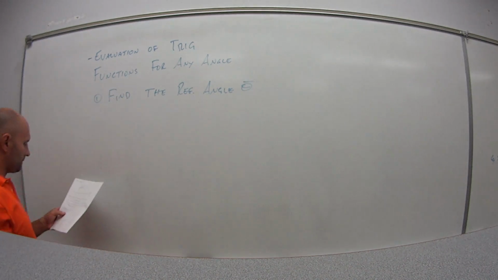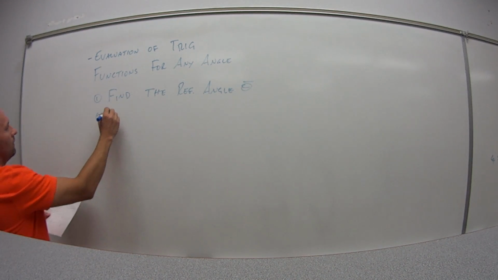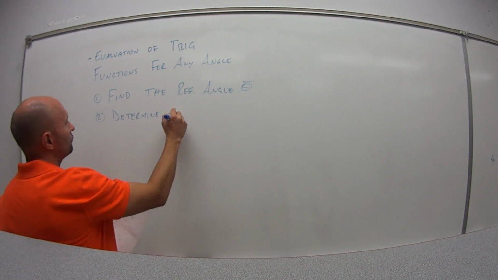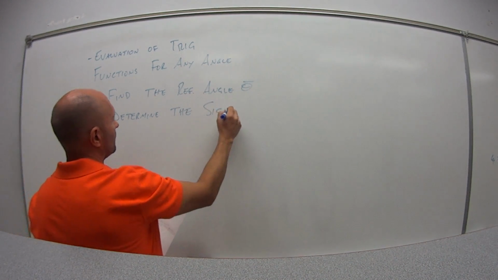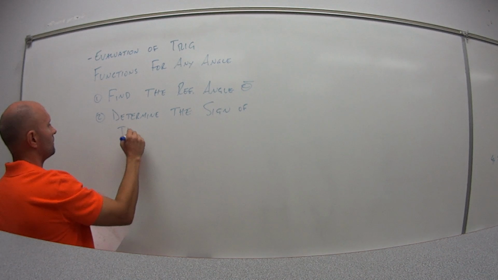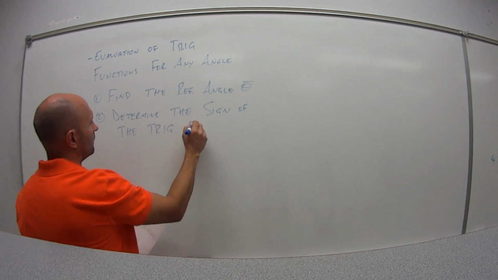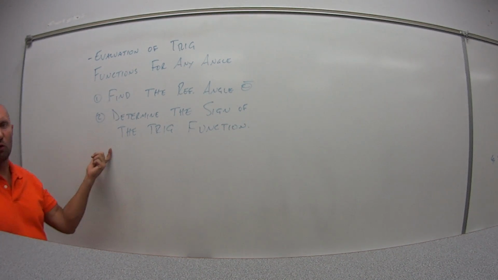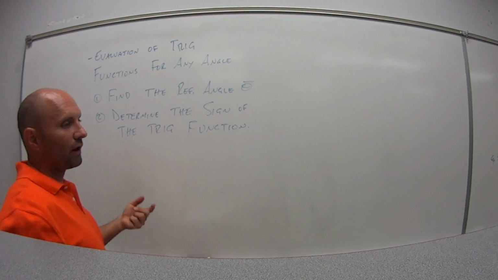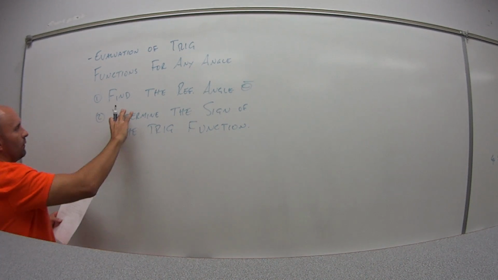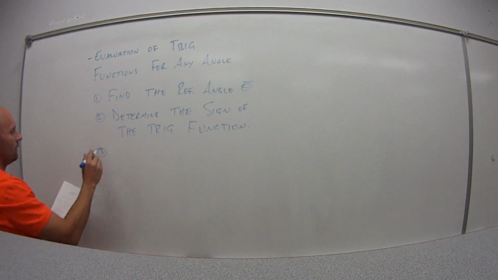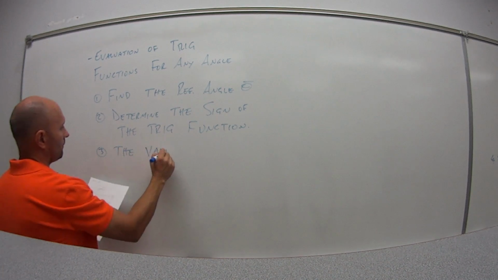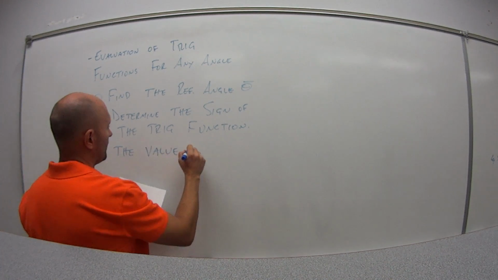That's our theta bar. We want to determine the sign of the trig function. We did that: we knew we were in quadrant 2, and we were talking about cosine. In quadrant 2, cosine is negative. That was the next part that we did. And then third, the value is the same as the reference angle.